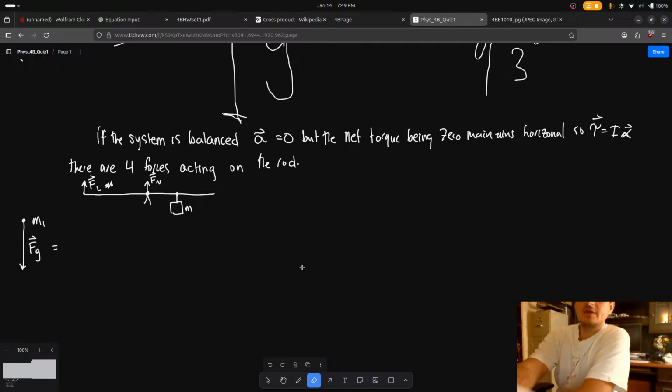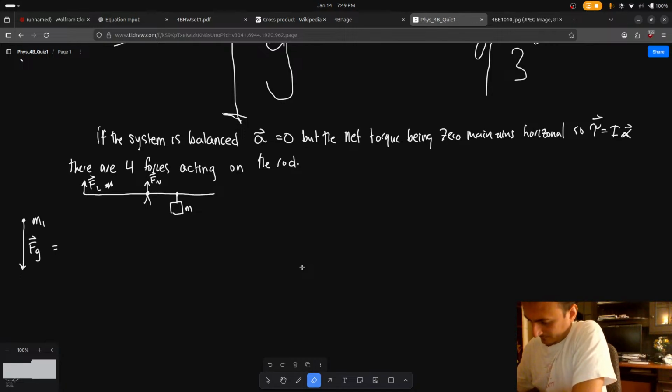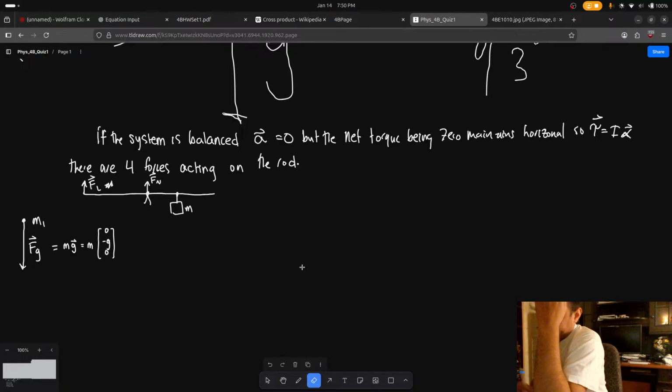So let's consider this carefully. The force of gravity is going to be m times g, which is equal to m times (0, minus g, 0).